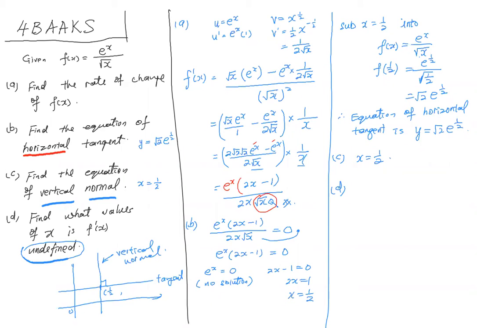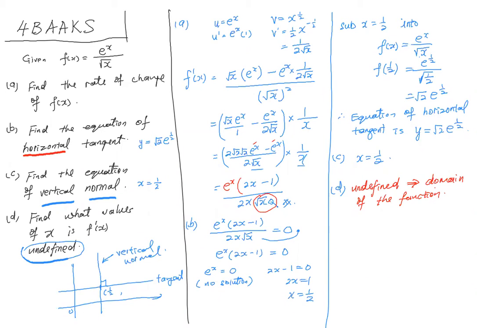So when you see the word undefined, you have to look at the domain of the function. The one that is not part of the domain will make it undefined. Are you clear?